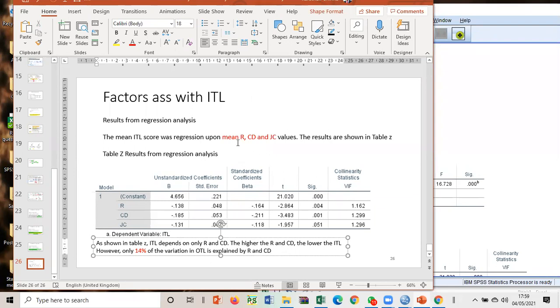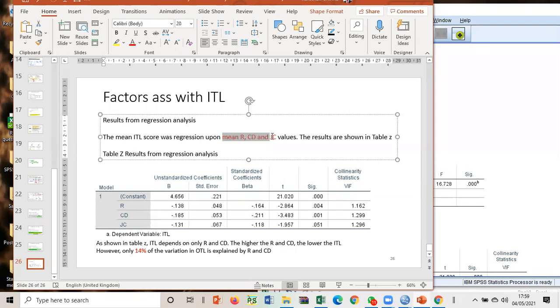Recommend that these three items are not sufficient for efficiently measuring ITL. There should be other variables. Your literature will continue towards the end of your study. Let's say you started in 2020, now it's 2021, you finish in 2022. New research is done, new results come in, then you can include this.